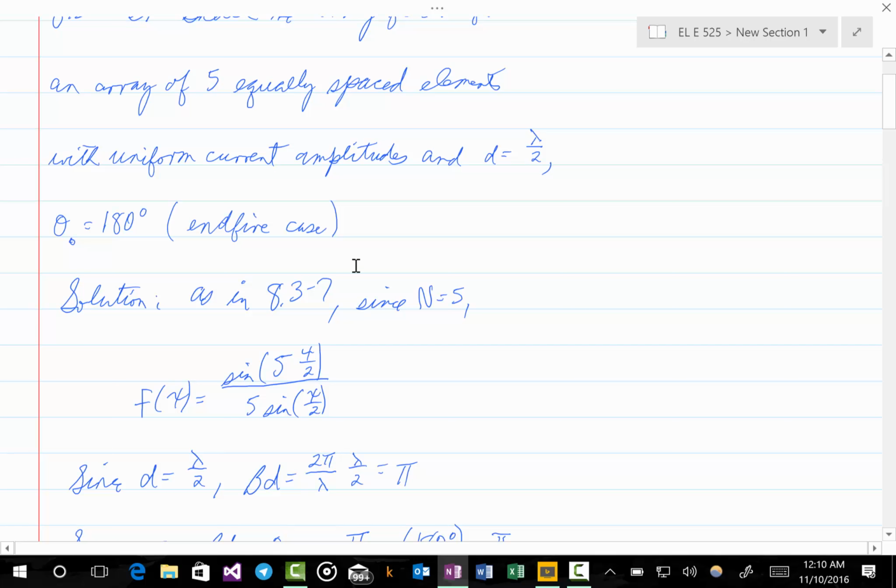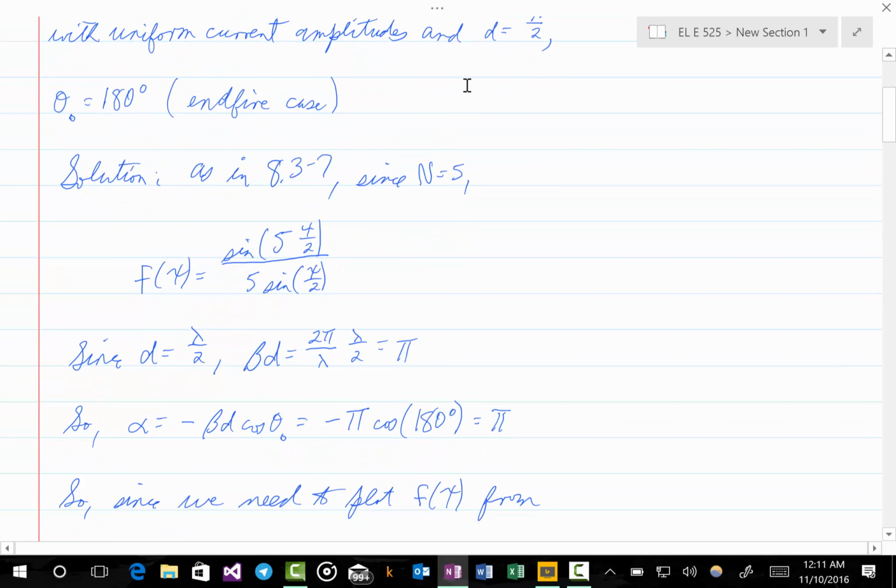Well, first of all, we can start by noting that, as was the case in a previous problem that we discussed, 8.3-7, since N is again equal to 5 in this problem, then f of psi, the normalized pattern factor, is equal to sine of 5 psi over 2 divided by 5 sine of psi over 2.